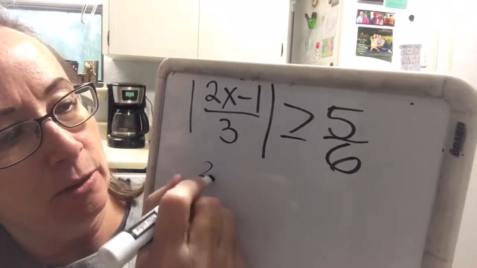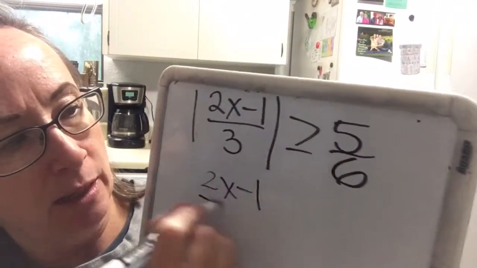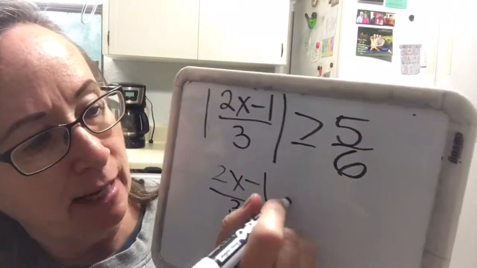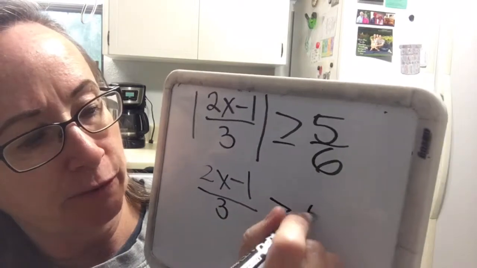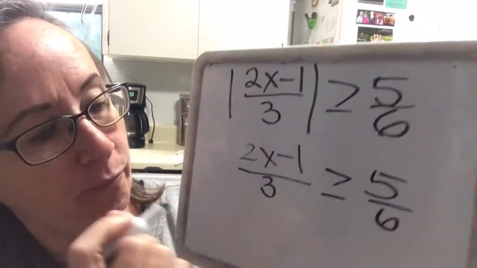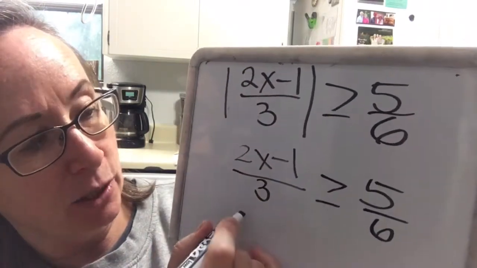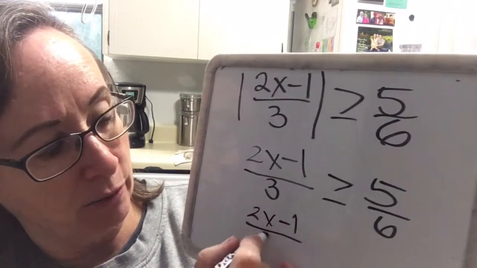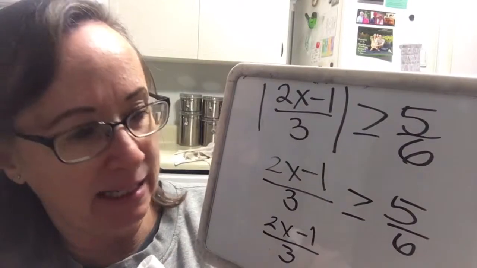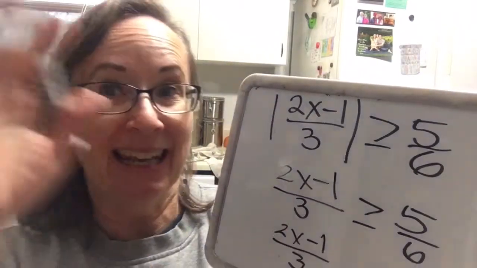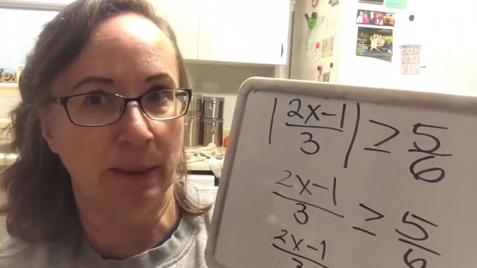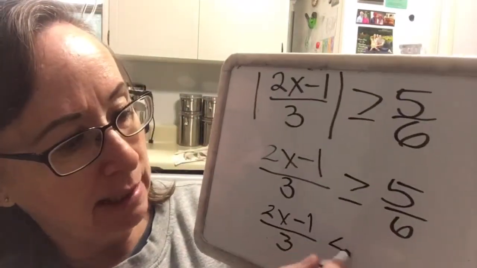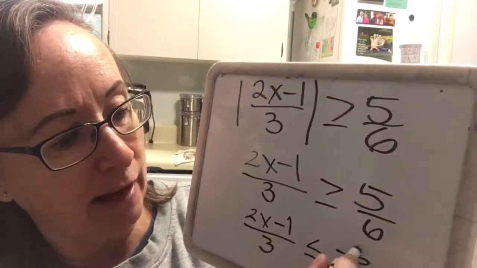So I'm going to say (2x minus 1)/3, if it was already positive, is greater than or equal to 5/6. And then (2x minus 1)/3, if it's negative, is going to be less than or equal to negative 5/6, because it has to map over to be greater than.